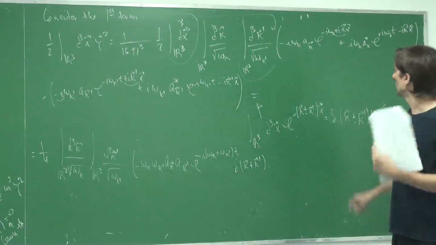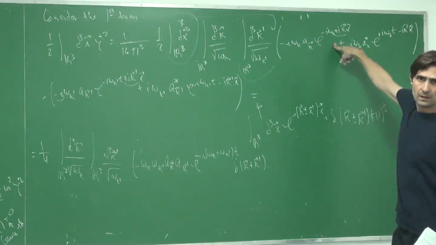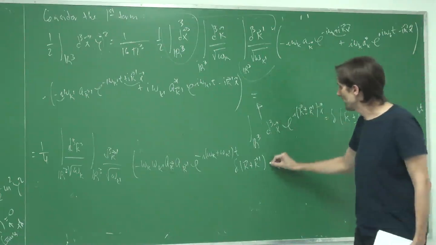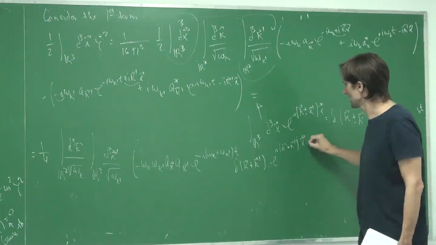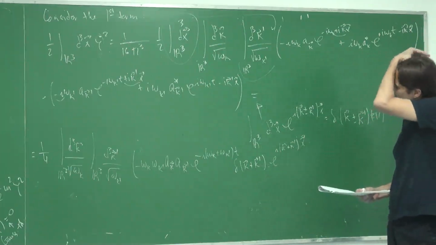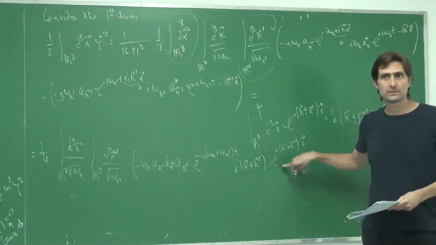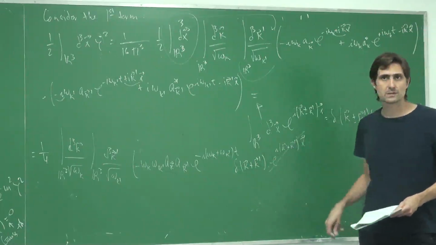Okay. Now, you have an exponential of ik times x. But the delta here tells you that this only has support where k plus k prime is equal to 0, and so you can just ignore this.